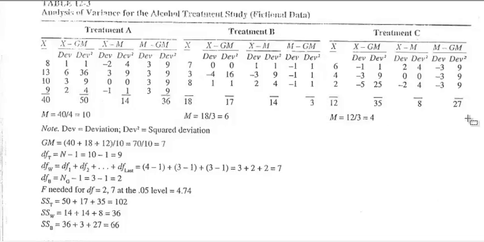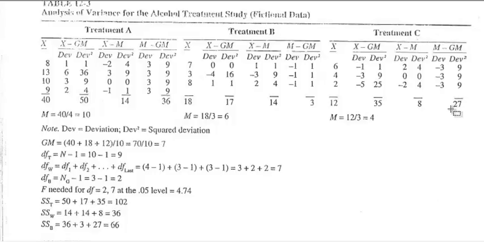We go over and we do the same thing for treatment C. The mean for the group in this case is 4. Our grand mean again is 7, so we take 4 minus 7 for each one of these subjects and it gives us a -3 as our deviation. We square that and we sum up the squared deviations between the group mean and the grand mean, and that sums of squared deviations in this case gives us 27.